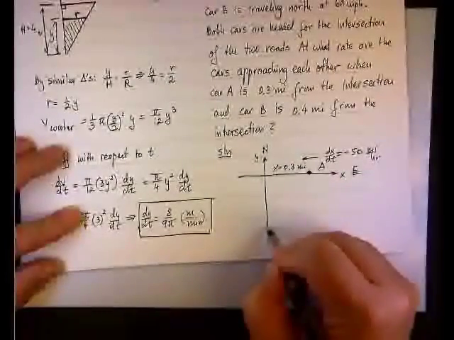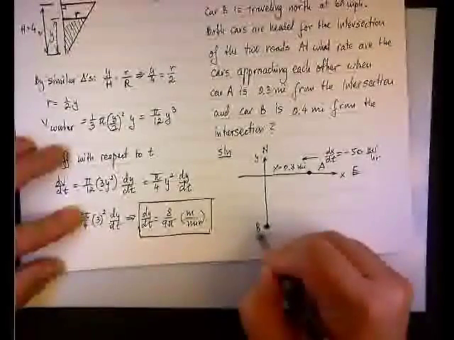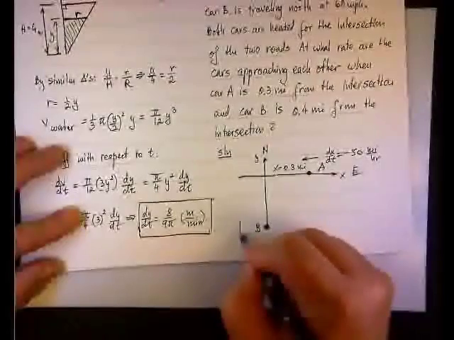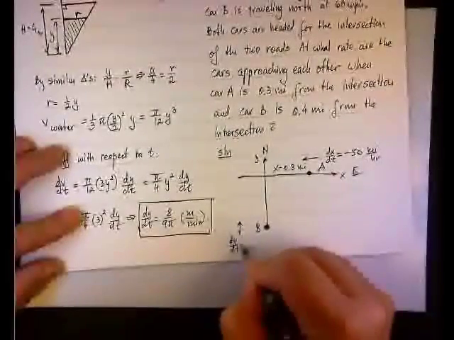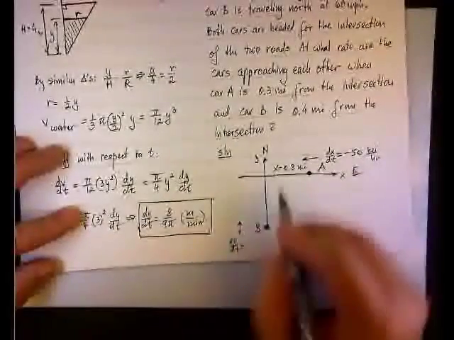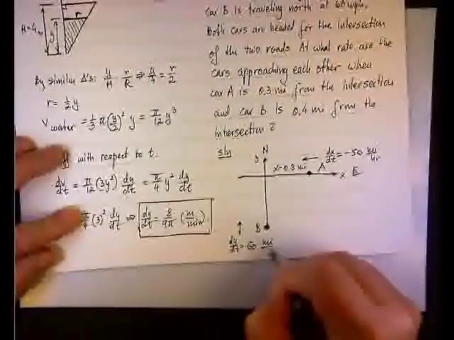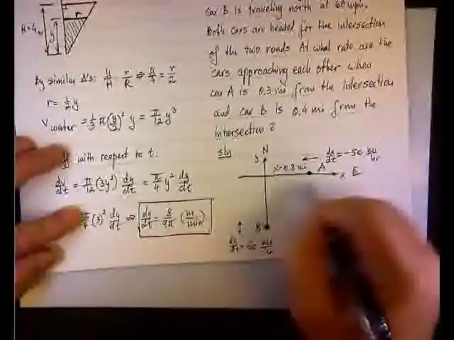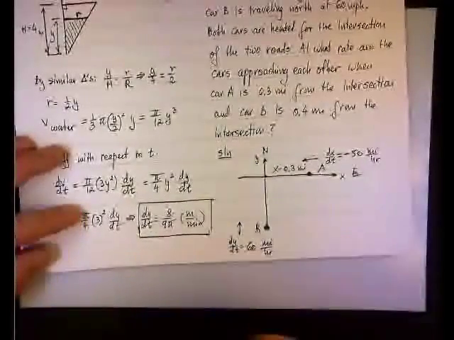At the same time, car B, and let's say this is car B right there, it's heading north, and so we have dy dt, and since it's heading north and all north in our system coincides with the y direction, it will be positive 60 miles per hour. And this distance is 0.4. Is it positive or negative 0.4?